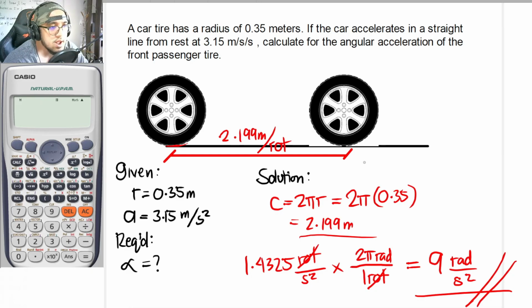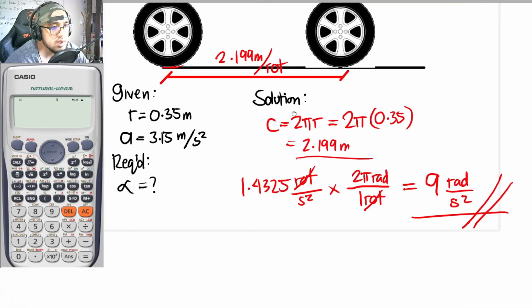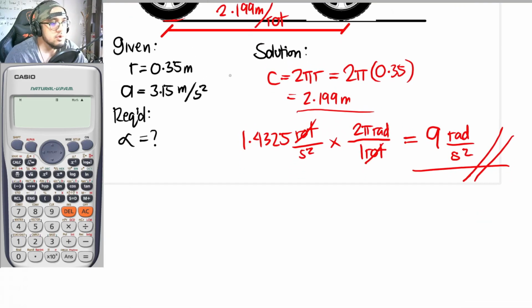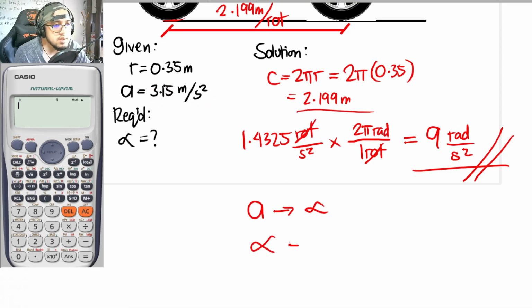If you're dealing with these kinds of problems, another shortcut is by using this method. If you are to convert from acceleration to angular acceleration, angular acceleration is basically equal to acceleration divided by the radius of the tire.